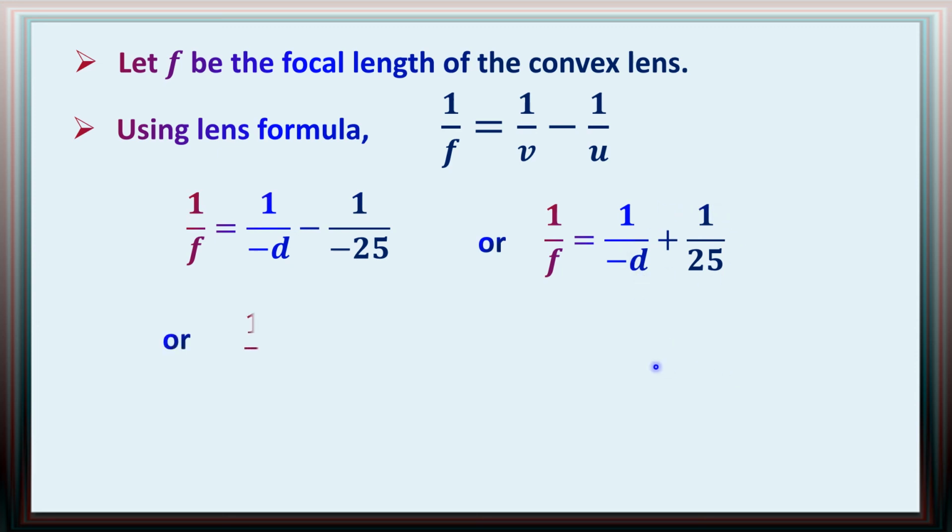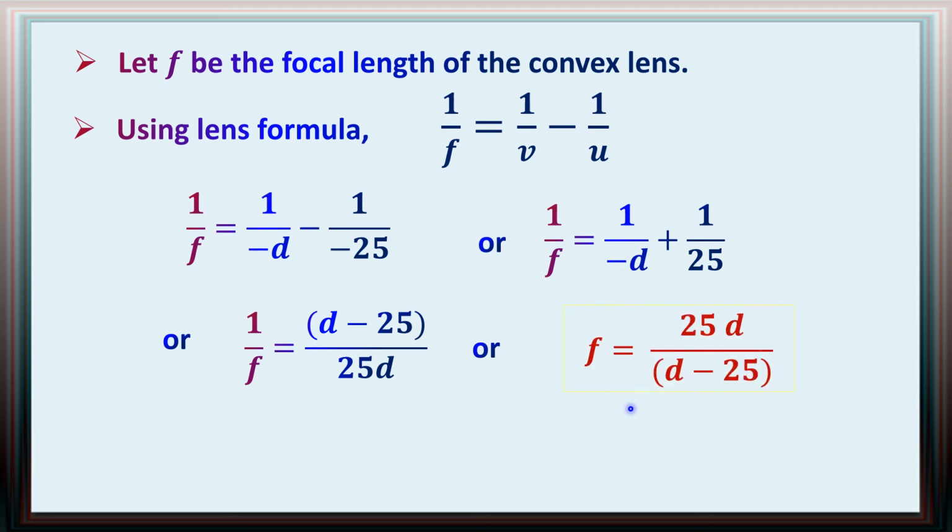We get 1 by F equal to (d minus 25) by 25d. What is d? d is the distance of the near point. But I don't want 1 by F, I want F. So F is equal to 25d by (d minus 25).